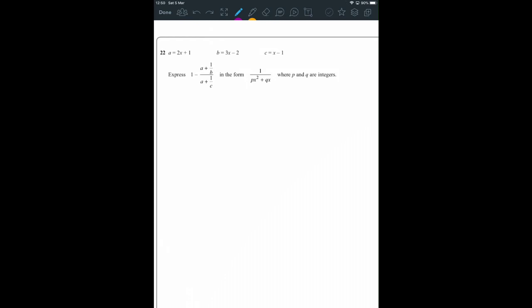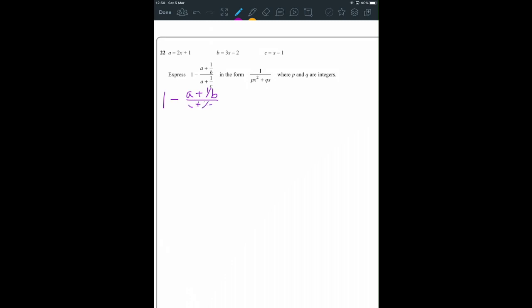We can sub A, B and C into this expression immediately and try and deal with all of the X stuff. I think it's slightly nicer to try and deal with it in the ABC form first. So I'm going to try it that way.